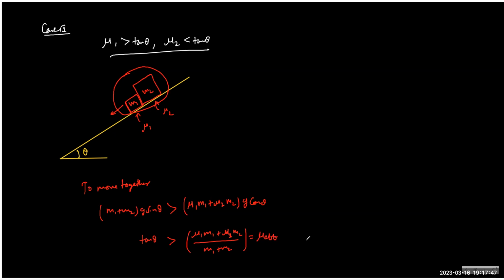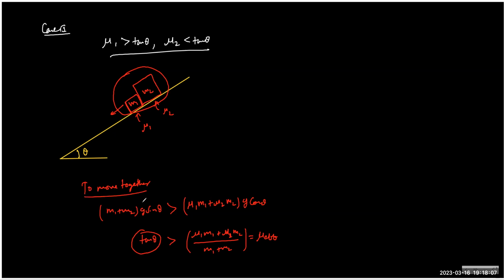There are two block system, right? So what is the effective mu for the system? mu1 M1 plus mu2 M2 upon M1 plus M2. This is like finding the average, right? And who is the winner? Slope.